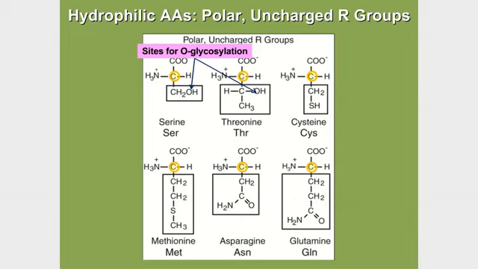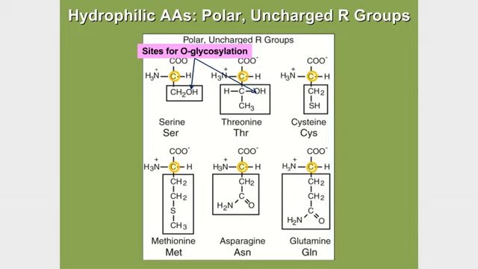Mucins undergo O-glycosylation. There are many proteins in the human body that have sugar chains attached to them, and if they're attached to the hydroxyl group of serine or threonine, that's referred to as O-glycosylation because the O is referring to the hydroxyl group.